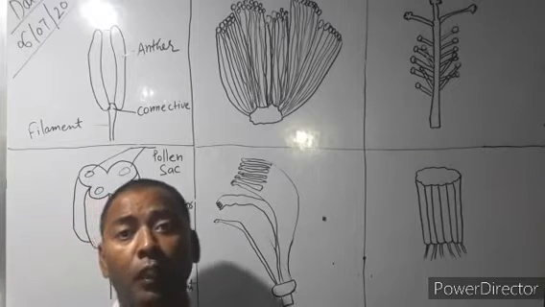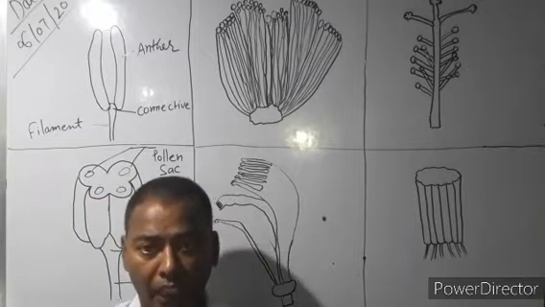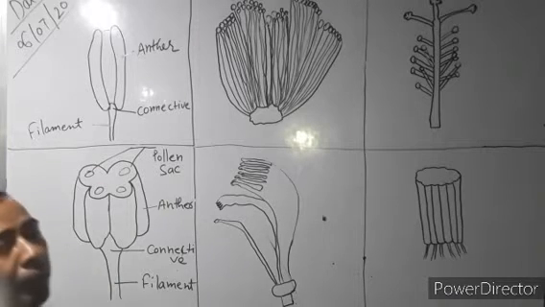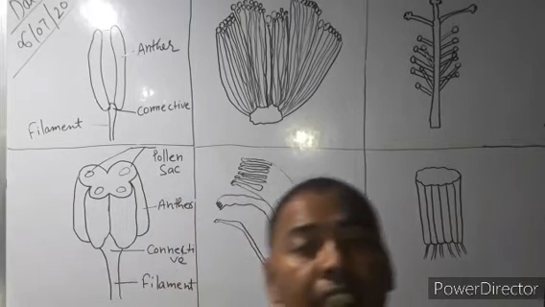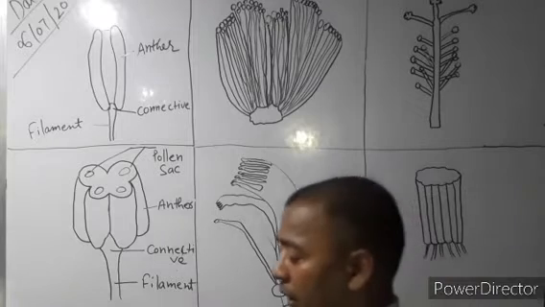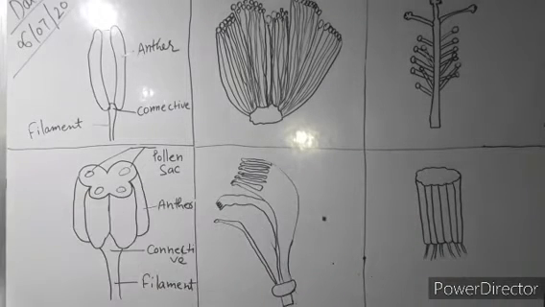In that flower only stamens are present, and no gynoecium or female part is there. It is also called the male flower. Examples are papaya and palm, plants in which only male flowers are found.